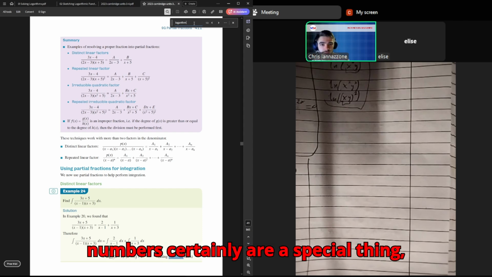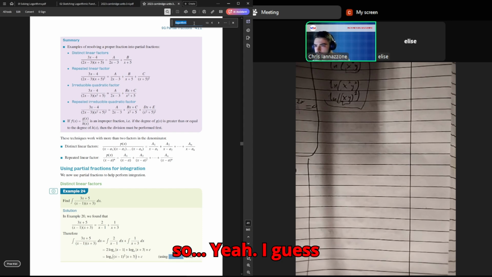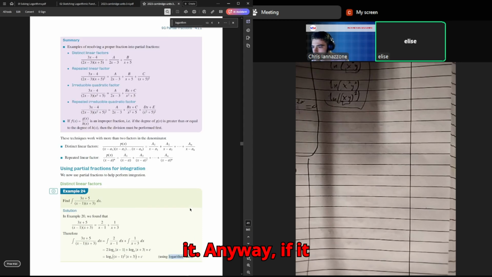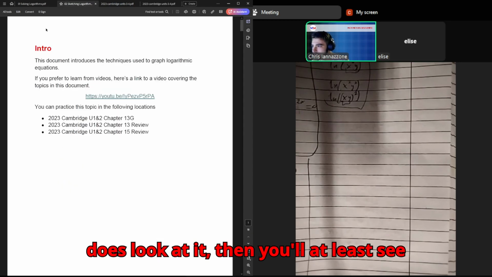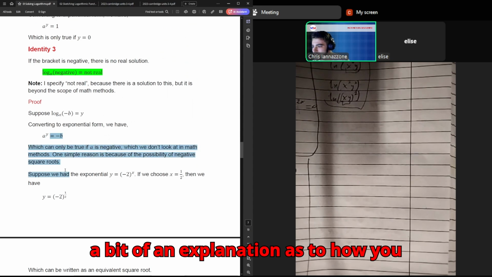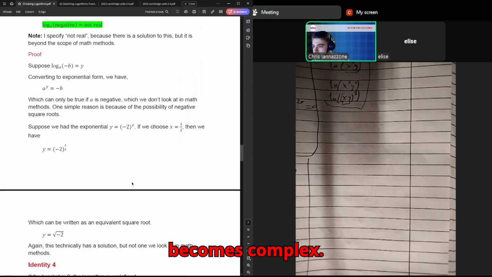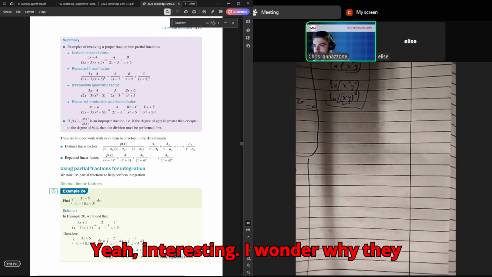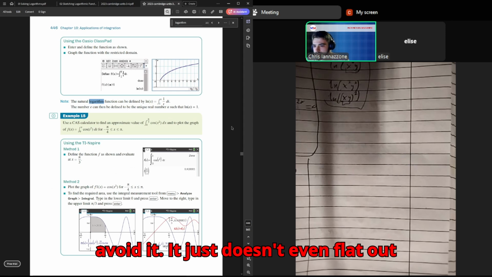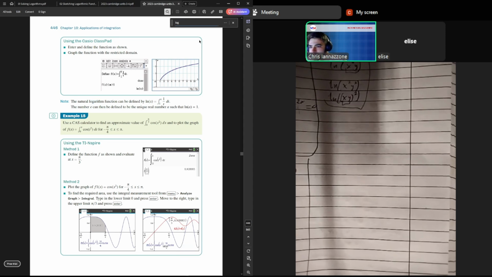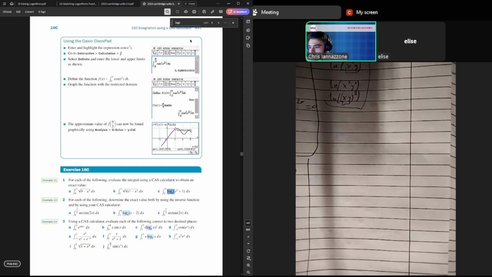I guess it might not be a special thing then, but complex numbers certainly are a special thing. Anyway, if it does look at it, then you'll at least see a bit of an explanation as to how you might solve that, or at least why it becomes complex. Interesting, I wonder why they avoid it, or why it just doesn't show up at all. Oh, log e shows up a lot.